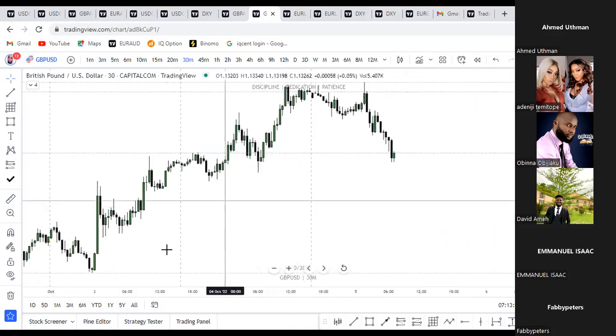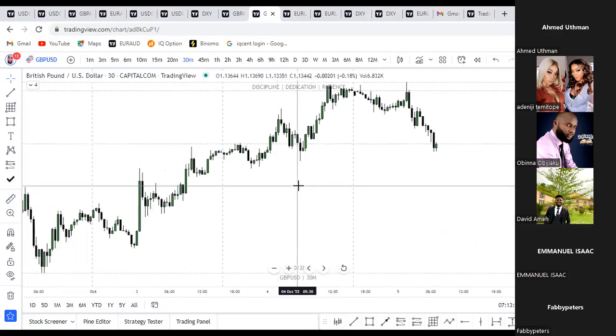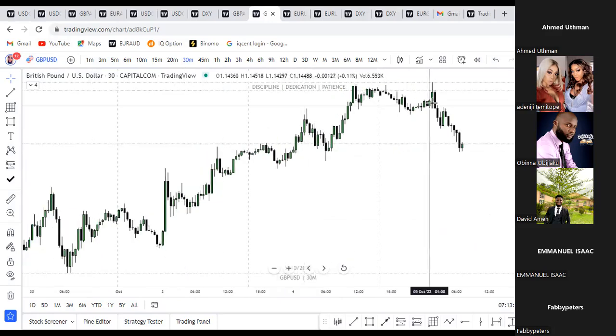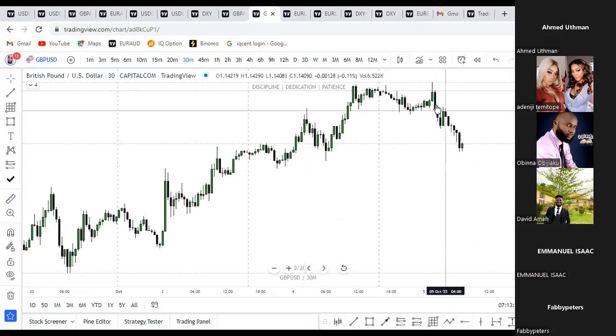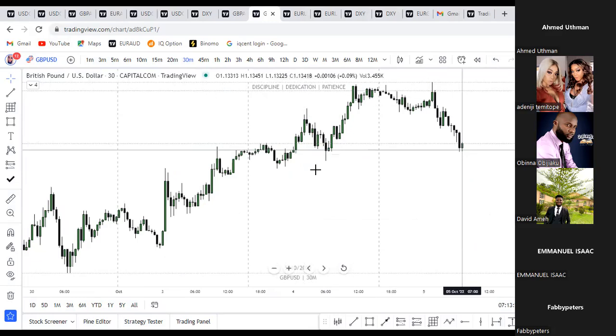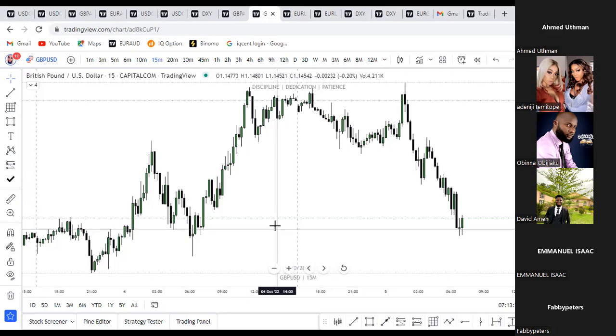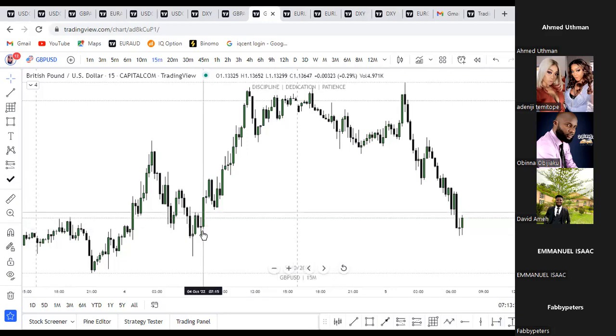Are you talking of this? No, just to the right. Yes, the low that was created at the left. So when markets started being bearish, now there was a weak rejection. So it's more like the market was balancing itself.